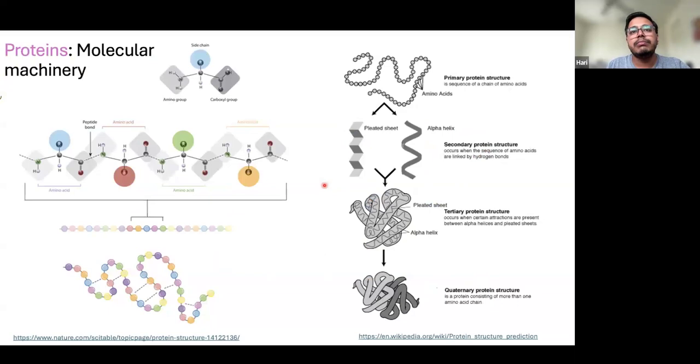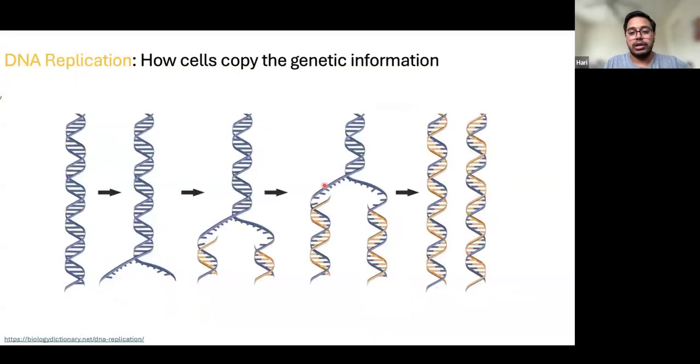And then these biomolecules can be used to carry out different bioprocesses in the cells. So the first one of them is DNA replication, which is how cells copy the genetic information. DNA replication is very important for cells because when the cells divide, they need to divide in such a way that each of the daughter cells will have the DNA so that it can carry out the further biochemical processes, because DNA is the molecule that carries the genetic information.